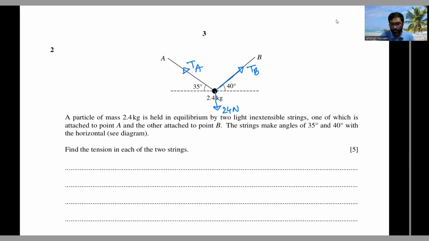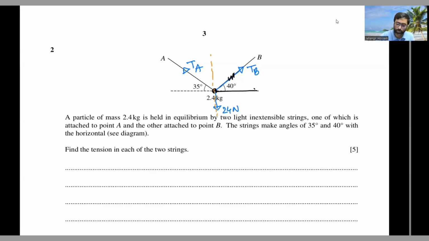So g is 10, so weight is 2.4 into 10, which is 24 newtons. Now, we have two unknown forces here. To find them, why don't we consider two axes, one horizontal, the other vertical. In that case, you don't need to resolve 24 newtons since it is vertical, so you need to resolve the two tensions.